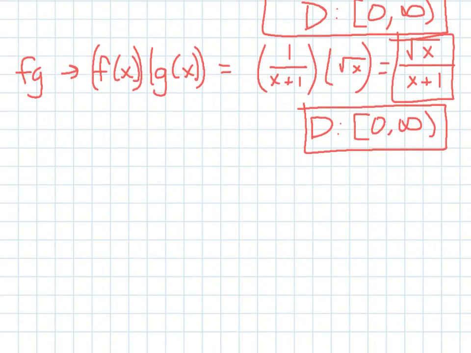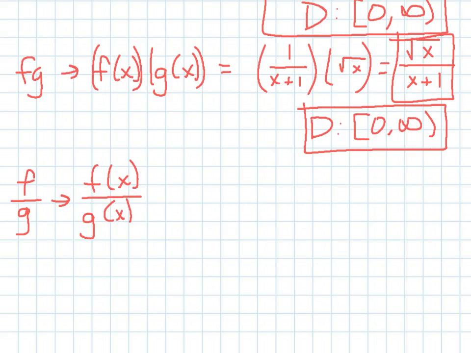But there are some cases that you may come across where the domain is different, depending on what goes on with your addition, subtraction, multiplication. So just know that that may happen, but usually your domains will be the same. It's the division that makes everything for your domain different.